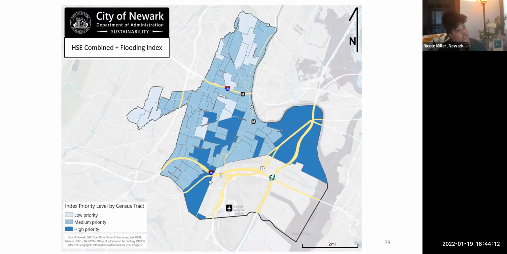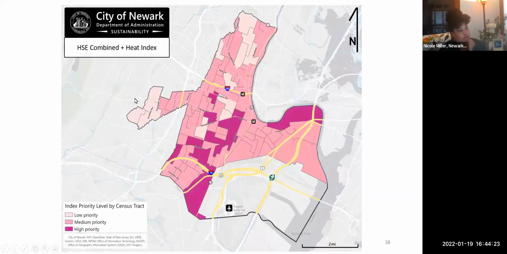Yeah, and I also wanted to mention, I wish you had the flooding and the heat one side by side so that you could see the overlap. So much of this is not to target, it's not like pointing a finger at these census tracts. It's really seeing where the most vulnerable populations are, those who are currently being affected and who are most likely to be affected by projections in the future.